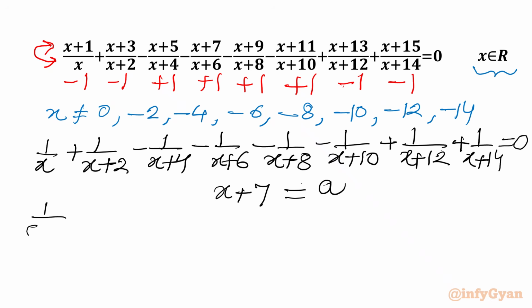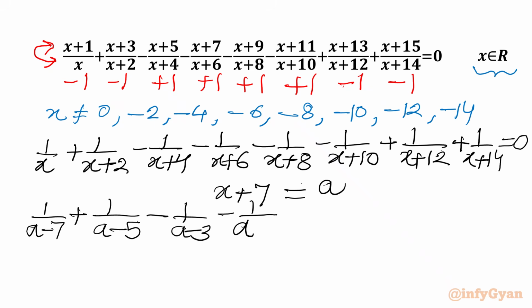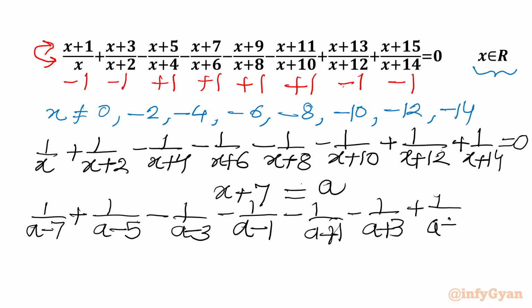So 1 over a minus 7 plus 1 over a minus 5 minus 1 over a minus 3 minus 1 over a minus 1 minus 1 over a plus 1 minus 1 over a plus 3 plus 1 over a plus 5 plus 1 over a plus 7 equal to 0.